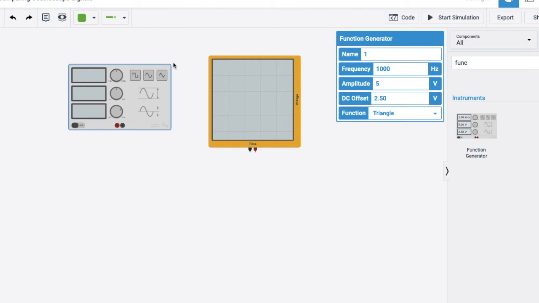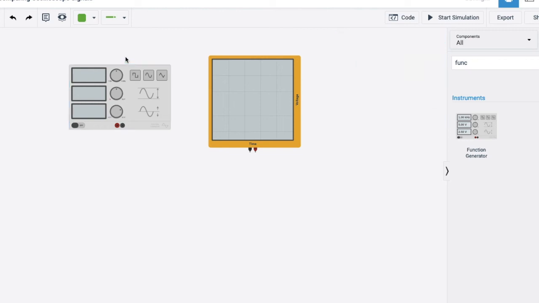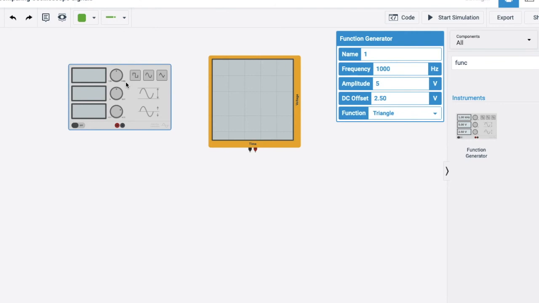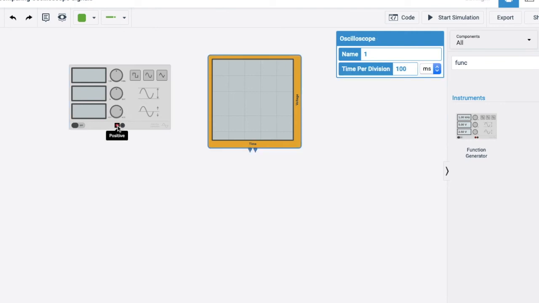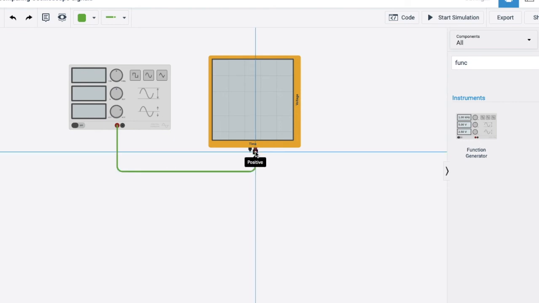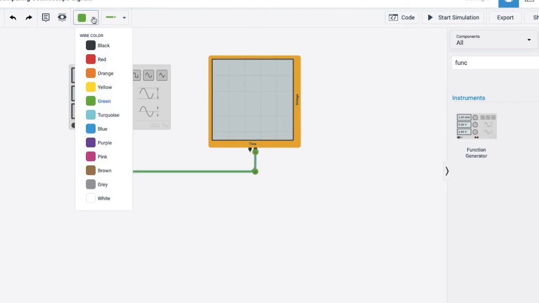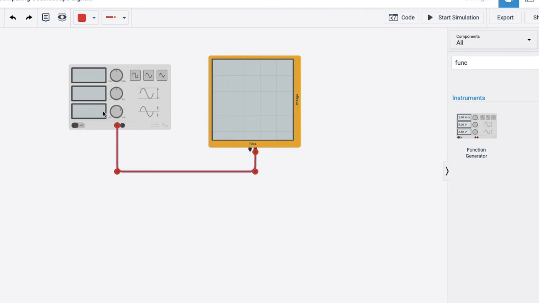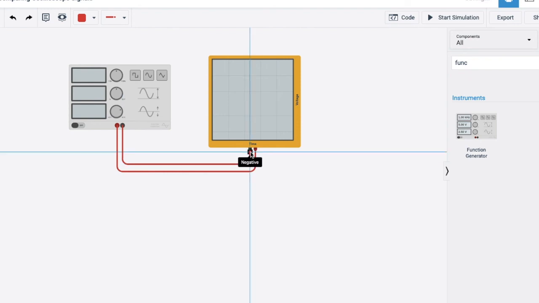So let's assume that signal 1 comes from this function generator. So I'll connect this function generator to our oscilloscope. I'll just click this terminal, and Tinkercad will automatically create a wire. I'll just recolor this wire with red, and then connect the negative terminal of the function generator to the negative terminal of the oscilloscope.